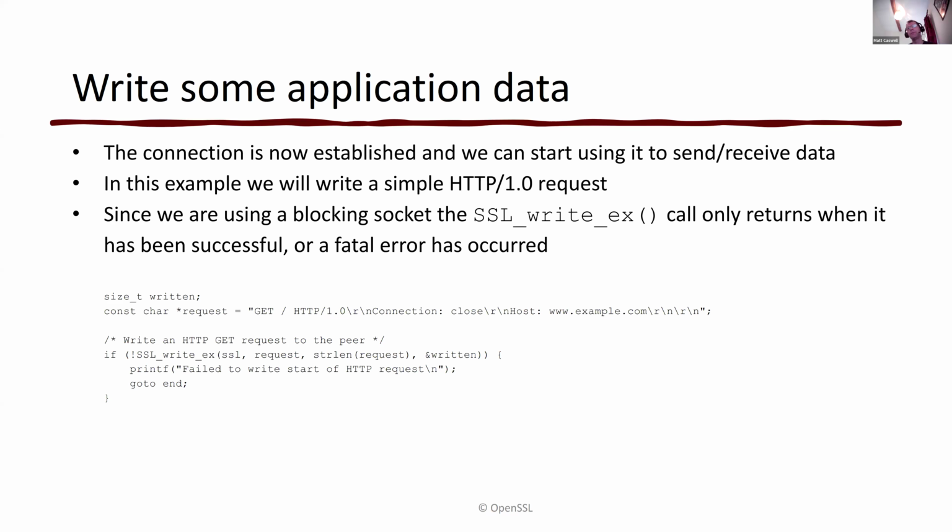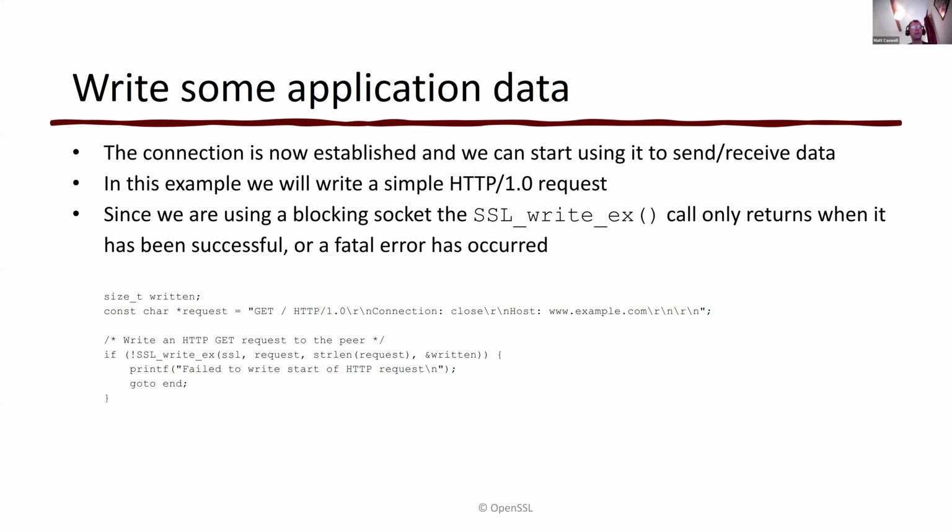Okay, so let's assume that our TLS connection was successful. We have established a connection with our server. We're now finally ready to exchange some data. We can send and receive data over this connection. In this example, we're just going to write a simple HTTP 1.0 request. And to do that, we're going to call a function SSL_write_ex. Again, it's a blocking socket, so that function will only return once the write is successful.